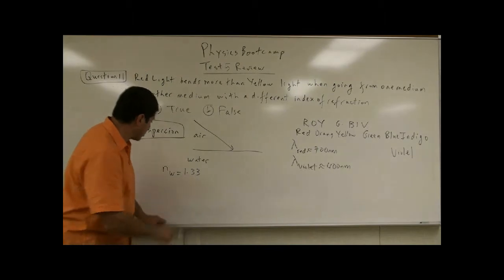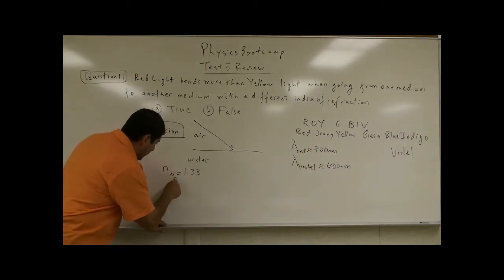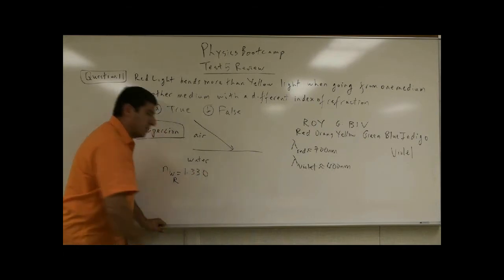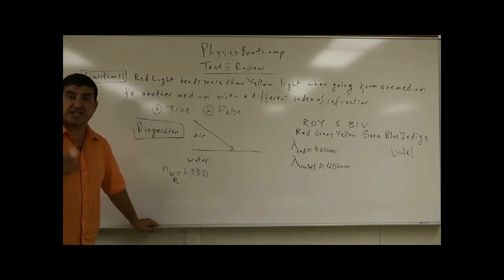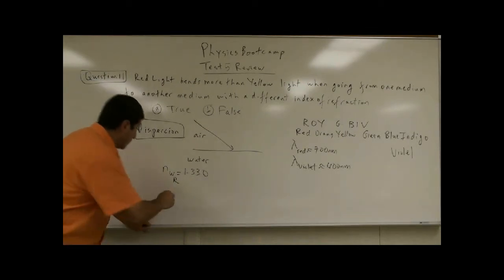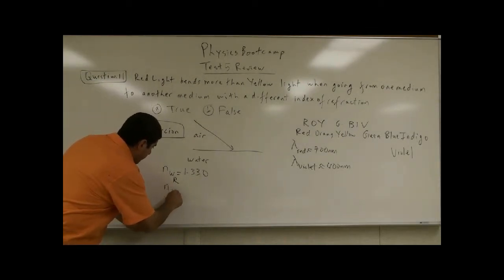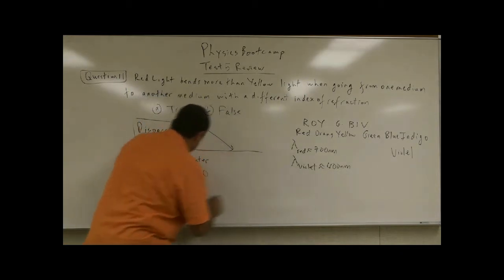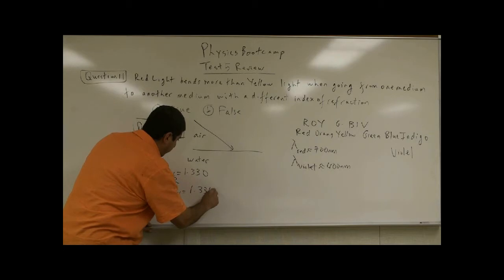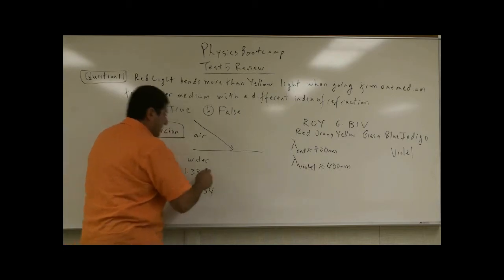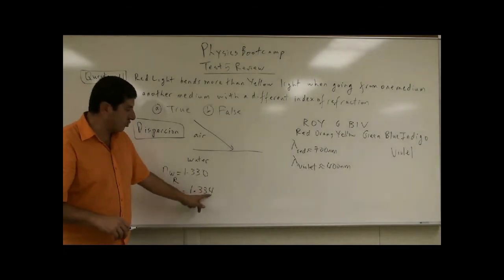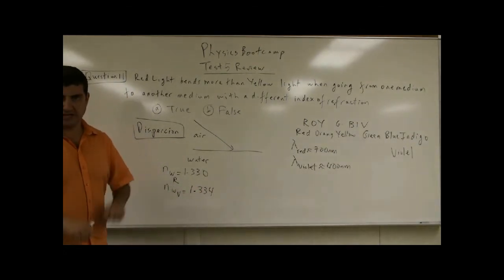The index of refraction of water for red light, let's say, is 1.330. That's not the exact value, but I'm giving an example. For violet light it might be 1.334, so they differ maybe in the third decimal place.